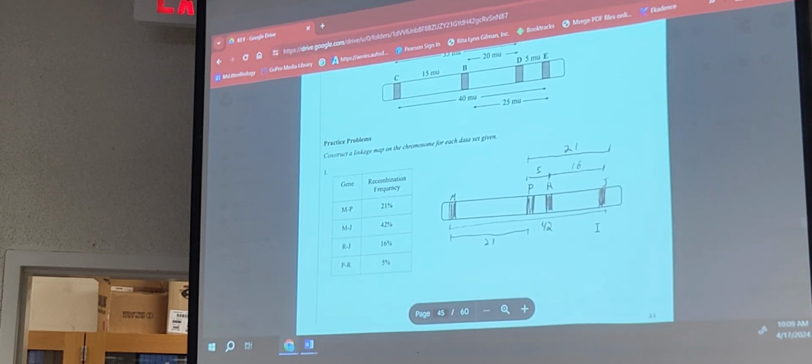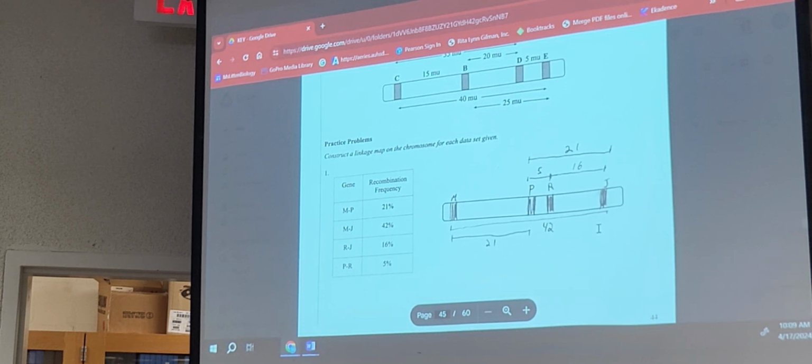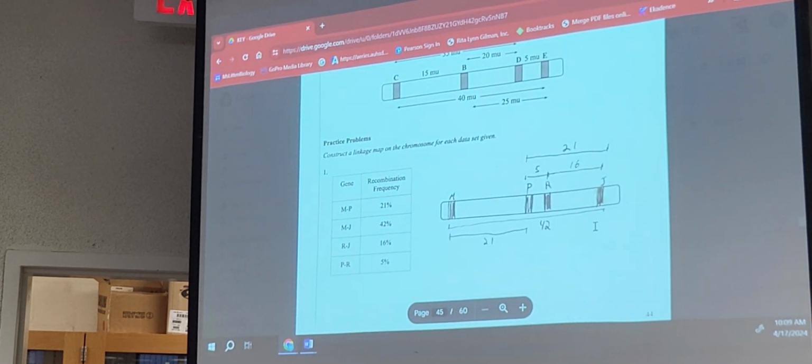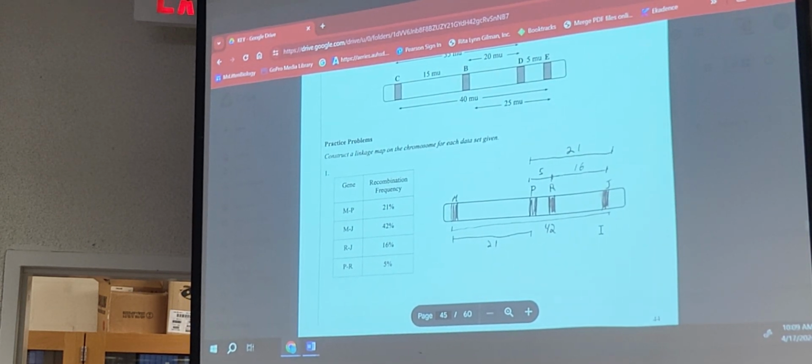First thing we're gonna do is look at what? What do we wanna look at? The ones that are furthest, right? So we've got a 42. So we know M and J are the furthest apart from each other. So we just put them on the ends.